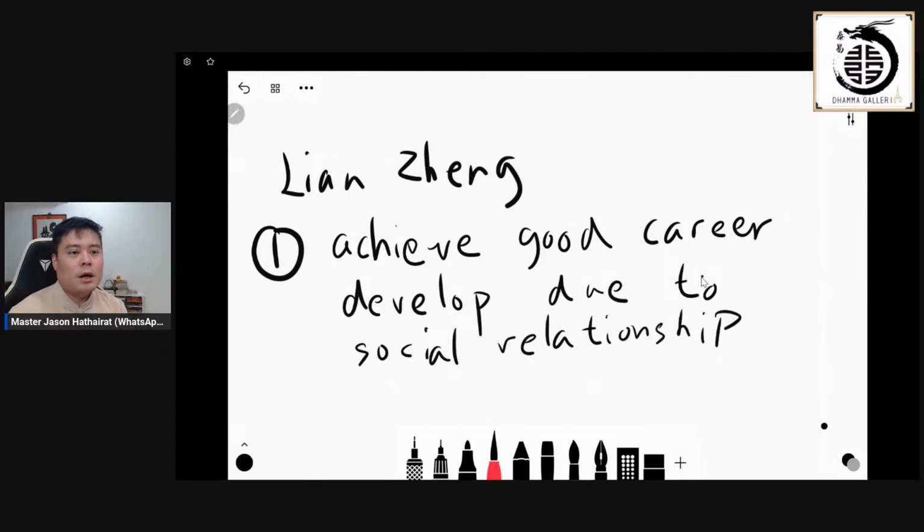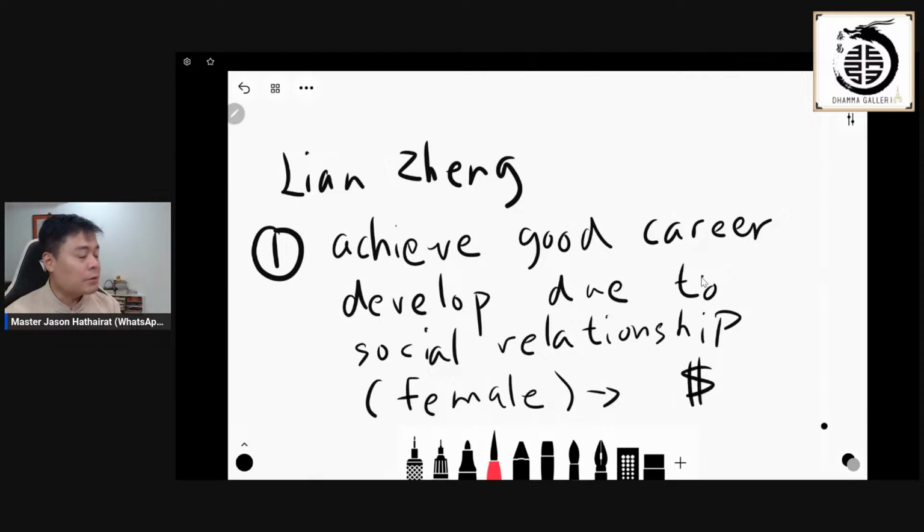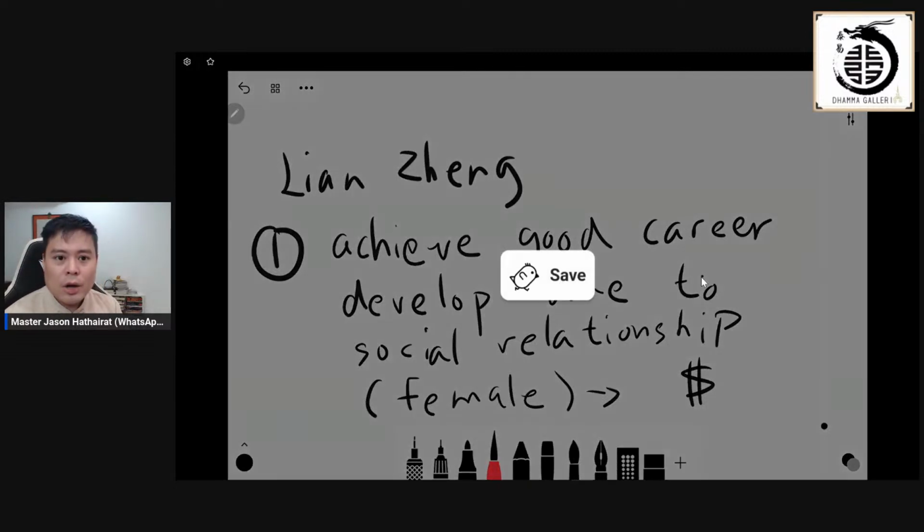If this person is of a male gender, then particularly female will be very helpful to this person in the achievements of wealth. Perhaps most of his clients will be of the female gender, or perhaps a lot of his clients of the female gender will especially support him in terms of giving him career opportunities, business opportunities, etc.